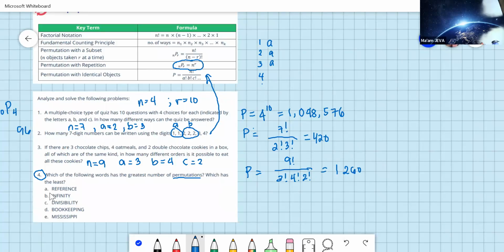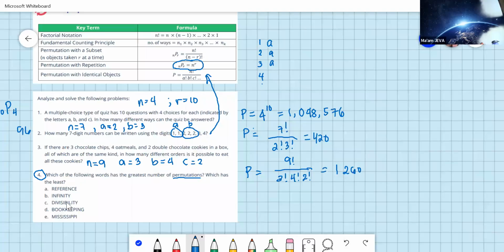Okay, so look at the letters. The letters are identical, right? There are letters in each word that are identical. Like, for example, in the word reference, there are E's that are identical and R's that are identical.